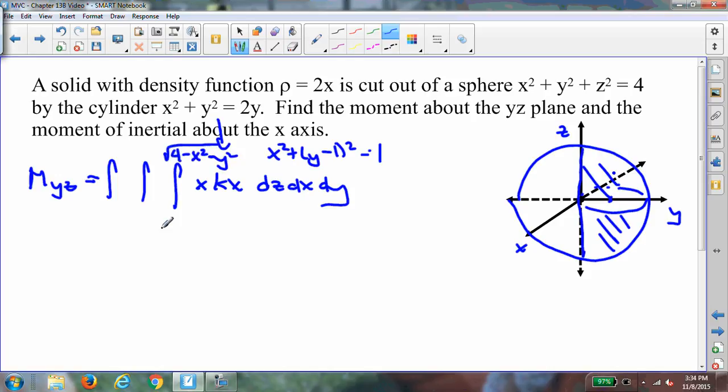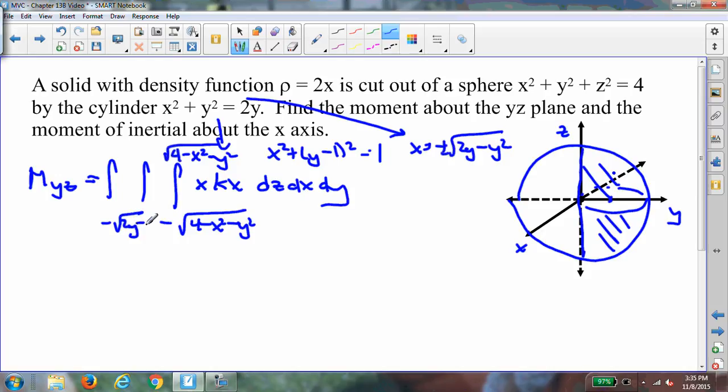Lower half of the sphere, negative square root of 4 minus x squared minus y squared. I purposely set dx next because it's easier for me to solve for the x equation, so x would equal plus or minus square root of 2y minus y squared. So bottom here would be negative square root of 2y minus y squared, top would be square root of 2y minus y squared. And then y from 0 to 2.